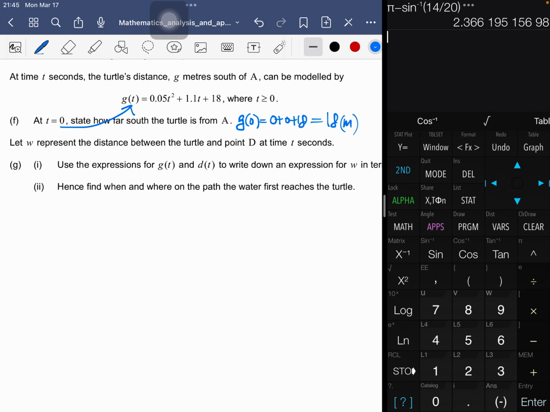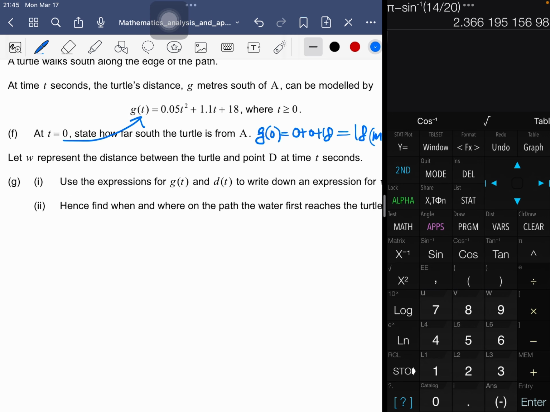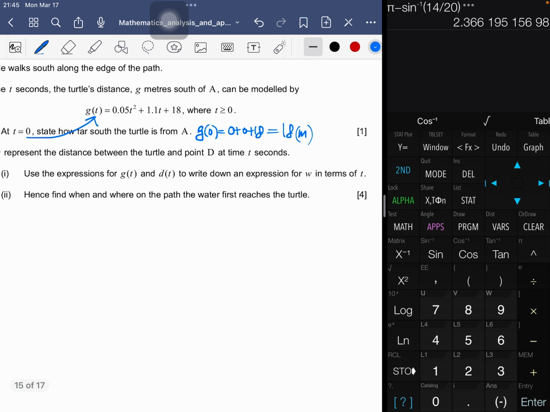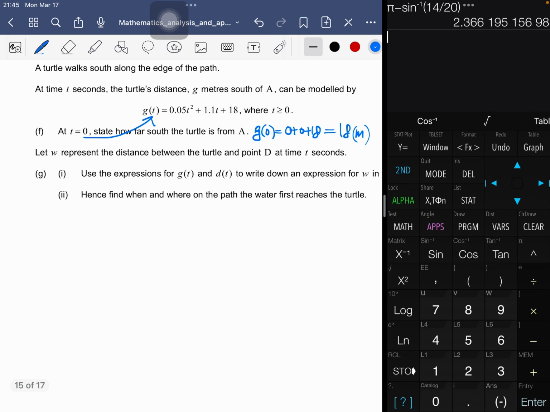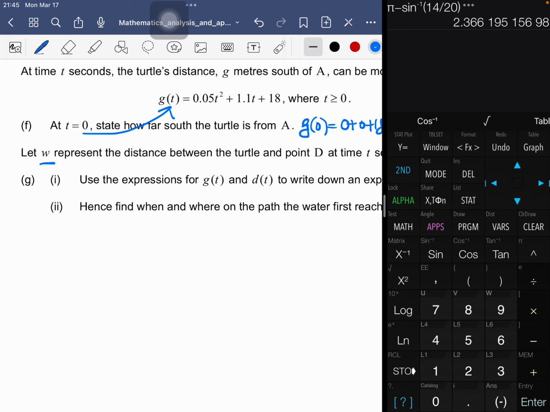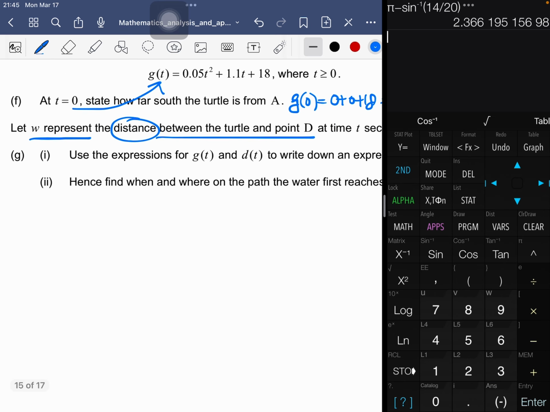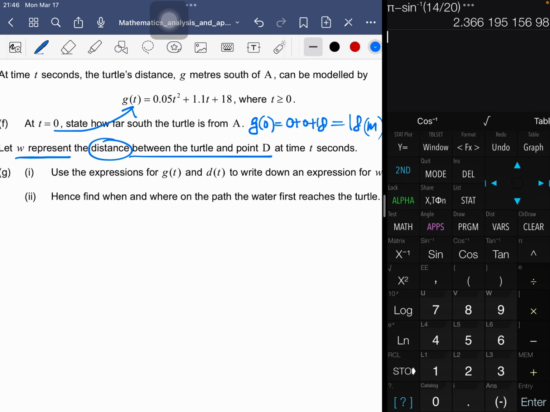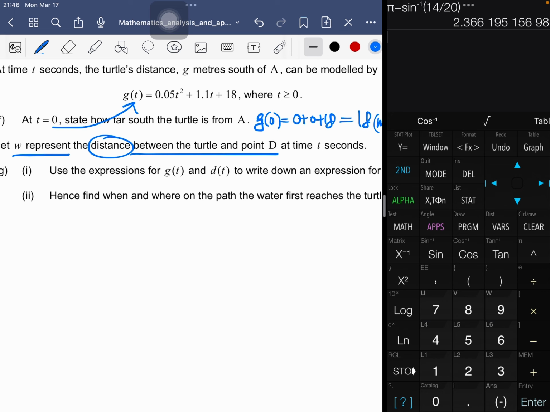Okay. Let W represent the distance between the turtle and point D at time t seconds. Use the expressions g(t) and d(t) to write down an expression for W in terms of t. So W represents the distance between the turtle and point D at time t seconds.